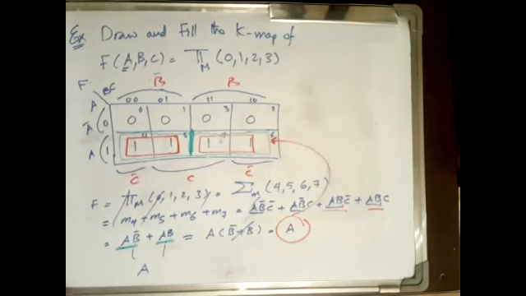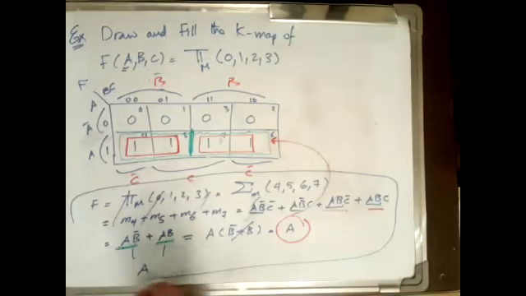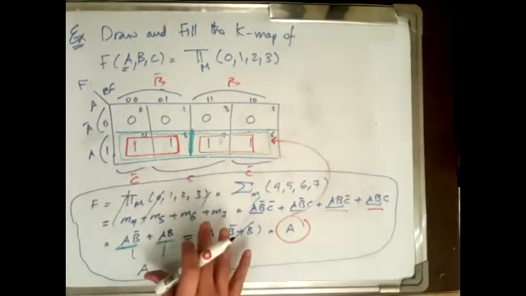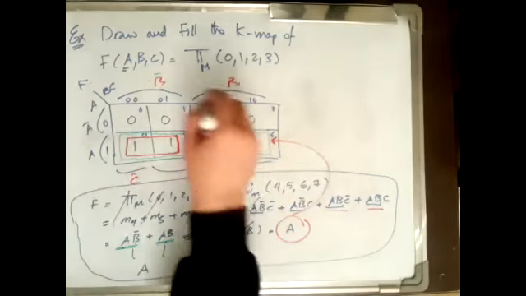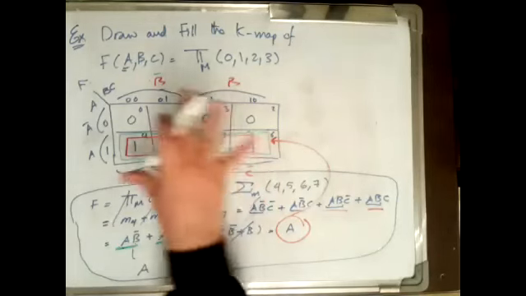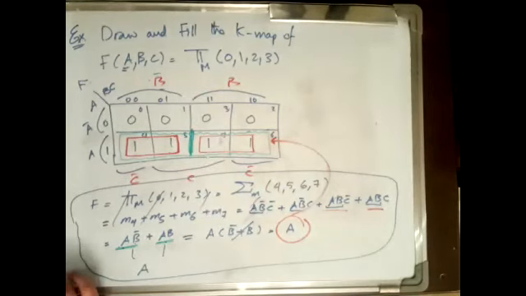So using the map will not require you to do all this stuff. This is just done for demonstration, to show the relation between algebra and the map. When we use the map to simplify, we will just use the map. We will not use or write algebra.